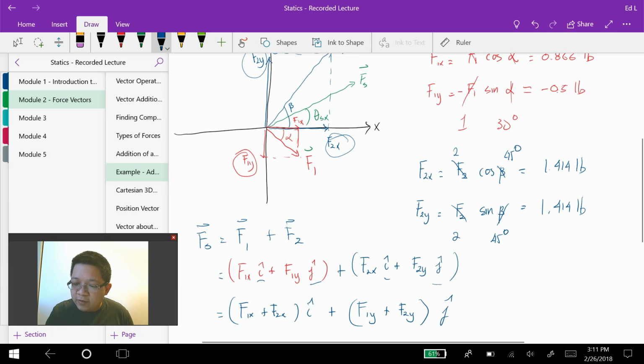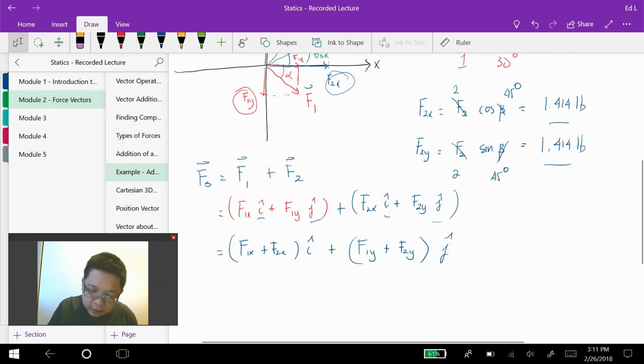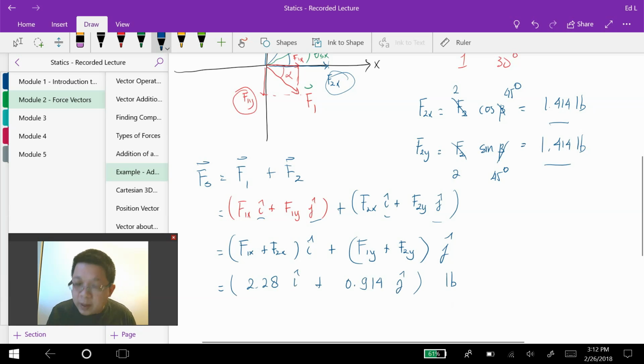Okay, I have calculated F1x, F2x, F1y, F2y. I can just plug in the numerical values here. I will obtain that F1x plus F2x is equal to 2.28 i plus F1y plus F2y is 0.914 j, and these whole things are in pound.